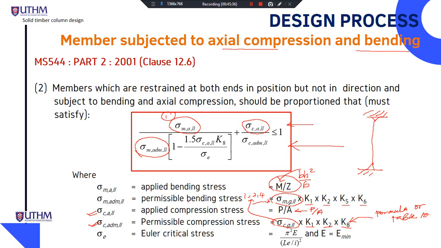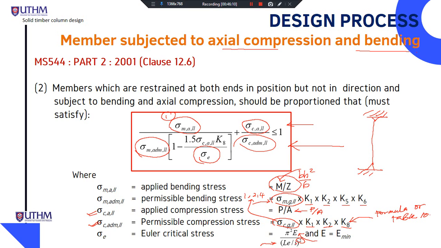Next is the Euler critical stress. The permissible compression stress is this one. So the Euler critical stress is equal to pi to the power of 2 multiplied with E, where in this case we use E minimum, divided by the slenderness ratio to the power of 2.